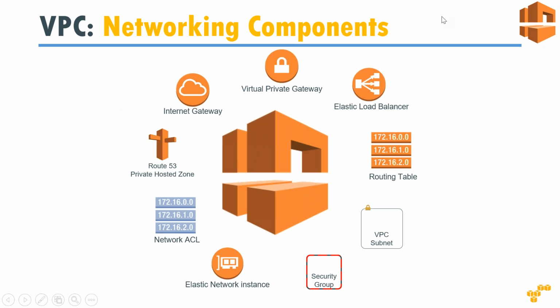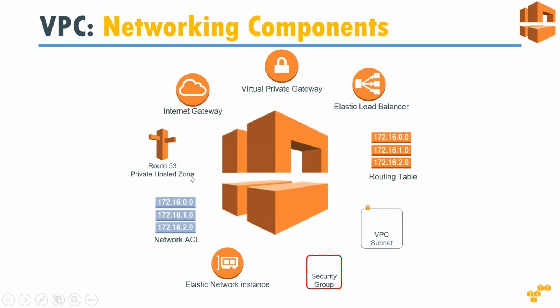Typically when you're trying to set up a VPC, all of these components, or at least most of them, come into play, especially the subnet, the routing table, the elastic network interface on the right hand side of the imagery, and the network ACL.